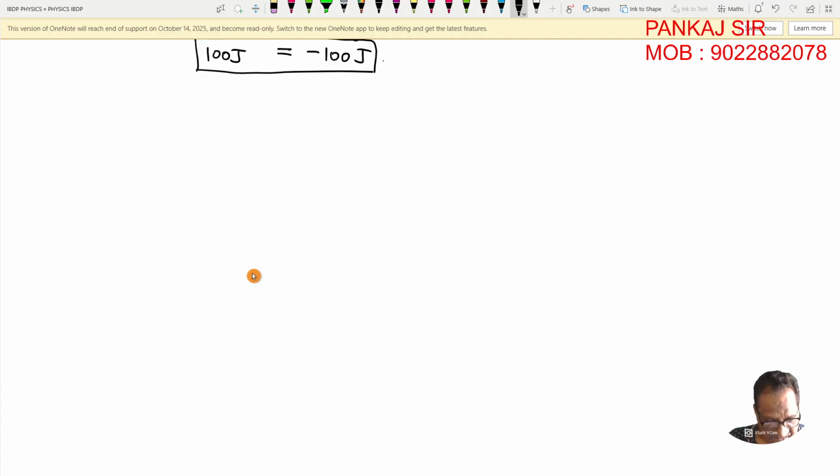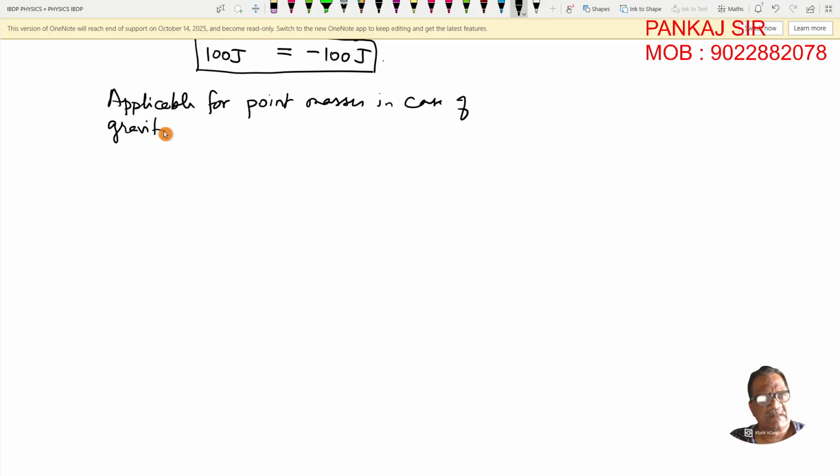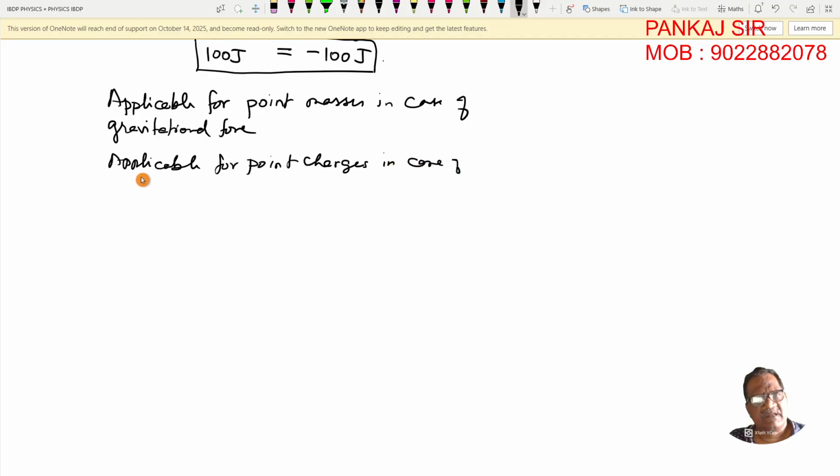And what else I want to tell you about these forces is that whatever formulas we have studied for the gravitational force and the electrostatic force are applicable for point masses in the case of gravitational force, and for point charges in the case of electrostatic force.